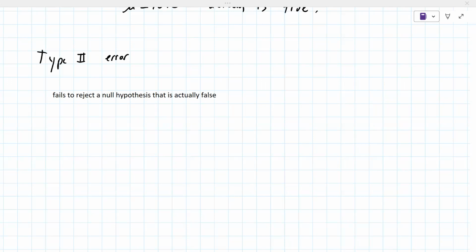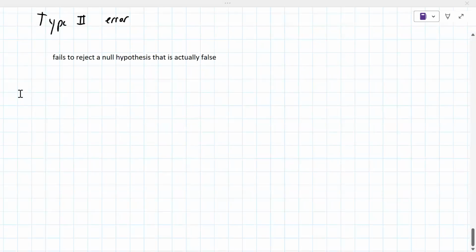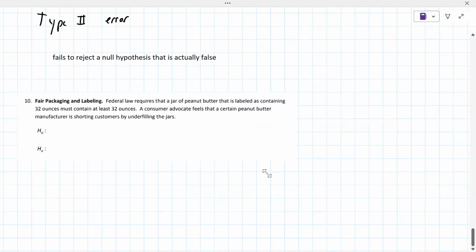So it's very different, and you have to remember those word for word, and you might even just memorize them and write them at the top of your test.